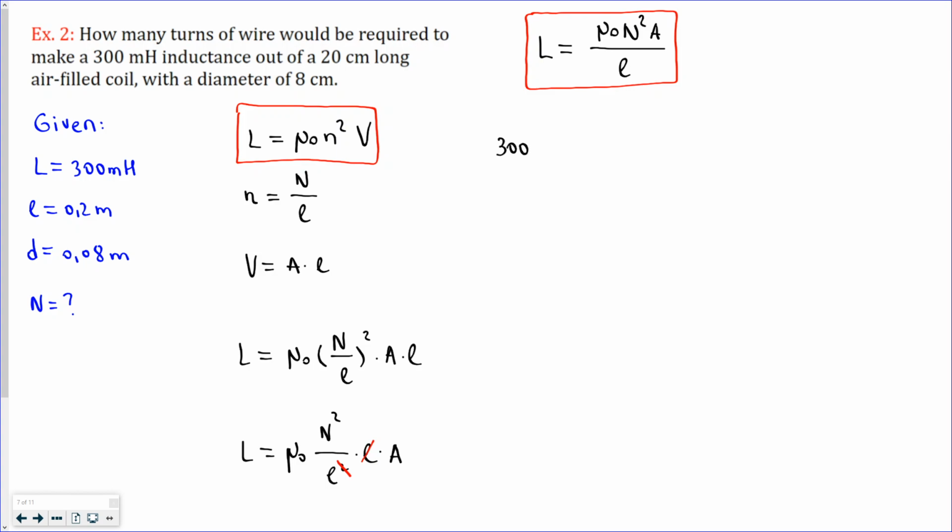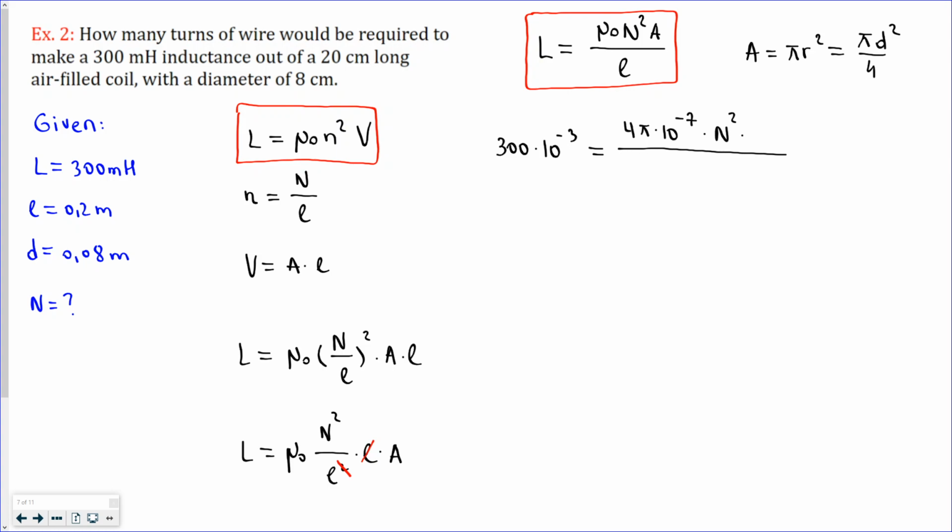This is 300 millihenry, it is 3 times 10 to the minus 1, equal to 4 pi times 10 to the minus 7, multiplied by a number we don't know, and the area of the circle is pi r squared, or it is pi d squared over 4.